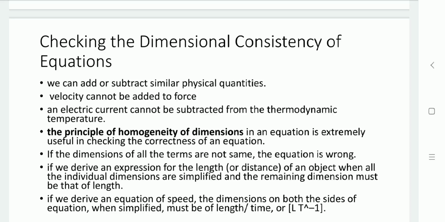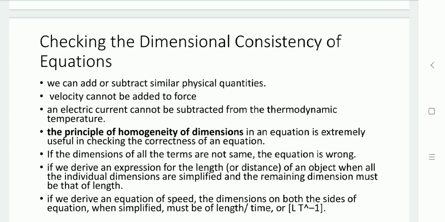For that, we need to follow the principle of homogeneity of dimensions. From that, we can verify the correctness of that equation. If the dimensions of all the terms are not the same, then the equation is proved wrong.